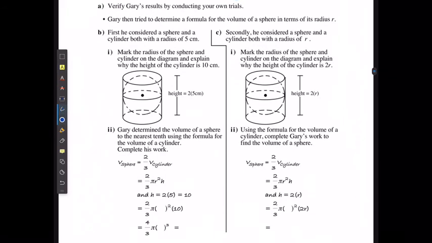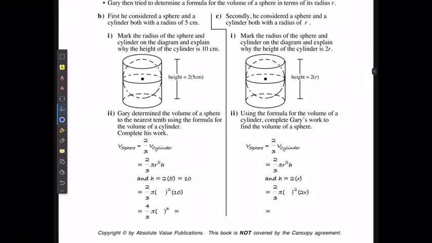So, first, he considered a sphere and a cylinder both with a radius of 5 centimeters. Mark the radius of the sphere and the cylinder on the diagram and explain why the height of the cylinder is going to be 10 centimeters.